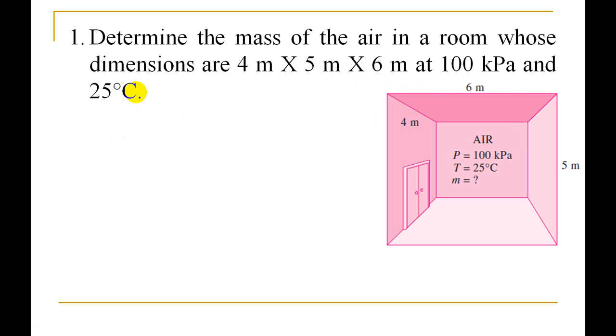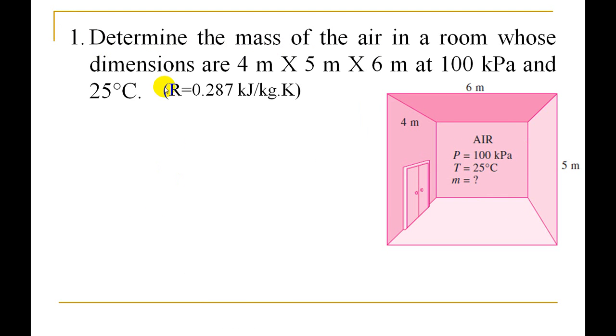So this is our room. We have a 5 meter height, 6 meter width, and 4 meter depth, and the room is filled with air at P is equal to 100 kilopascal and T is equal to 25 degree centigrade. We are asked to determine the mass of the air in this room.